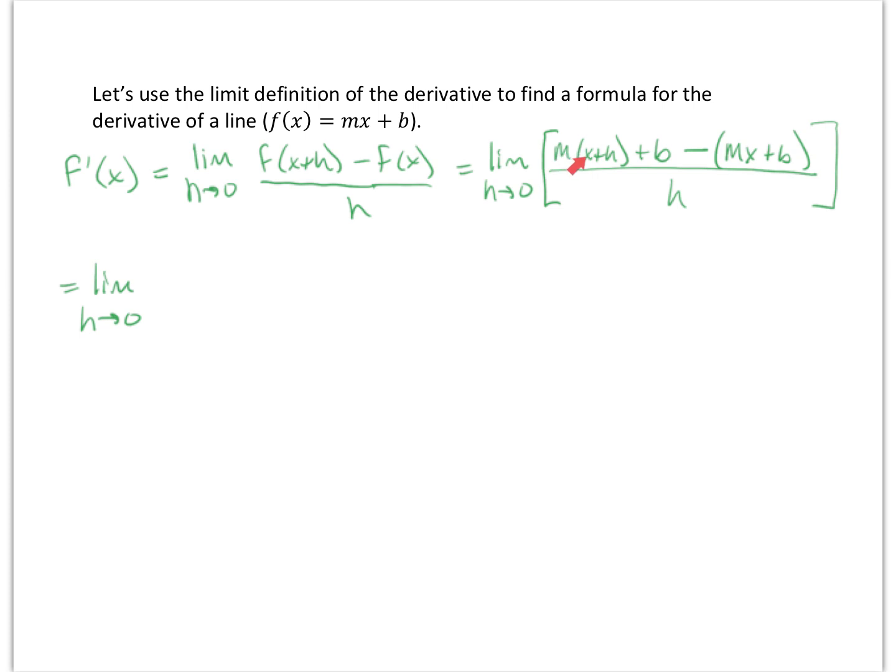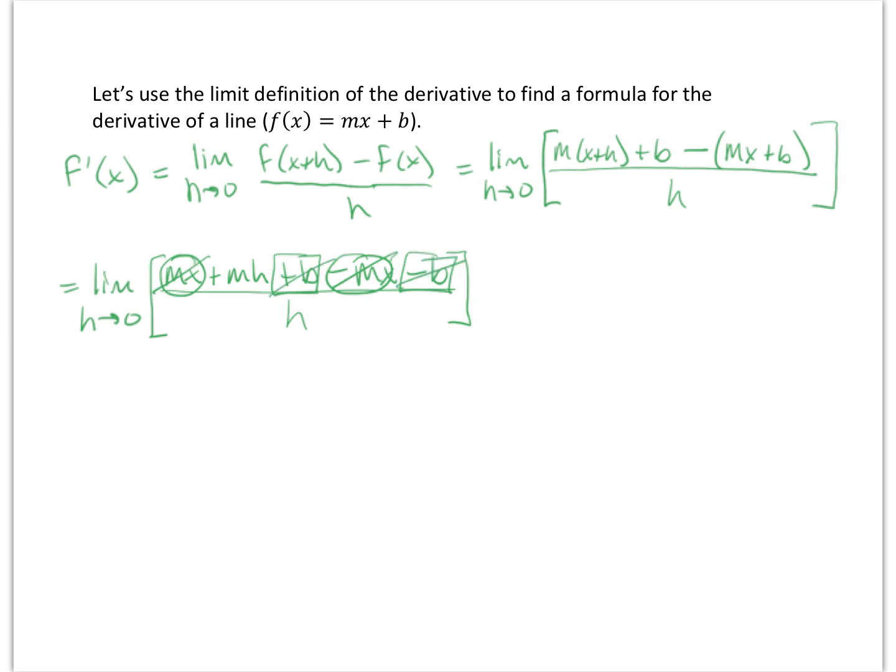Okay, so next I'm going to distribute my m and distribute my negative sign here. So this is going to be mx plus mh plus b minus mx minus b all over h. And then I can combine like terms, and I have a positive mx and a negative mx, so those cancel. I have a positive b and a negative b, so those cancel.